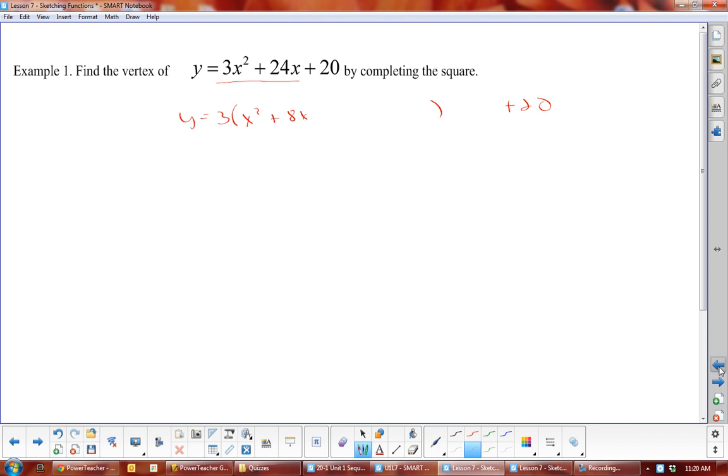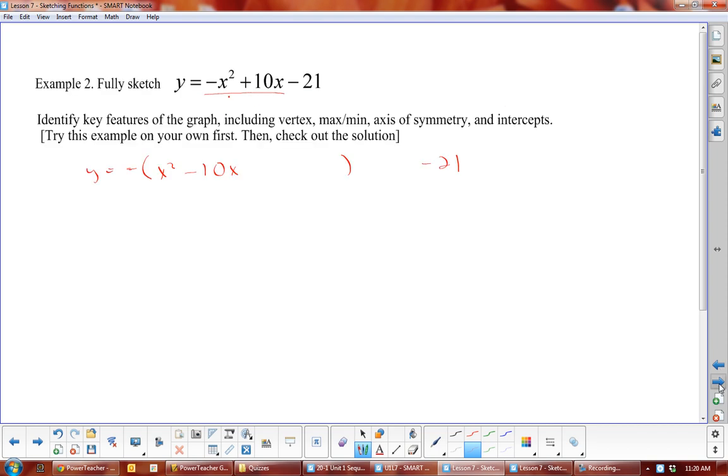Now, does anybody remember how to find those two terms? I want to put two terms in here that actually cancel each other out, but they serve a purpose, because when you're completing the square, you're trying to make a nice perfect square in this part.